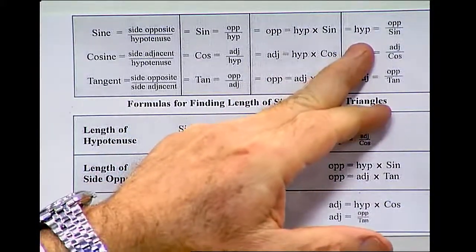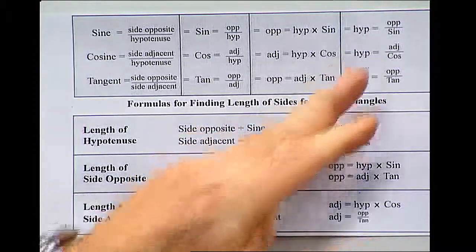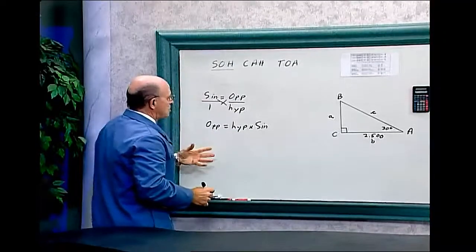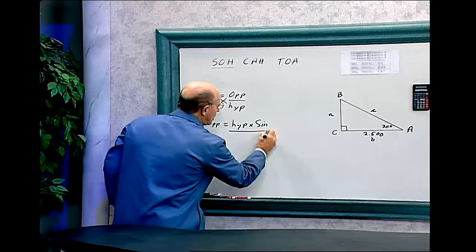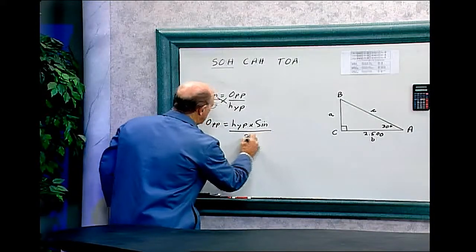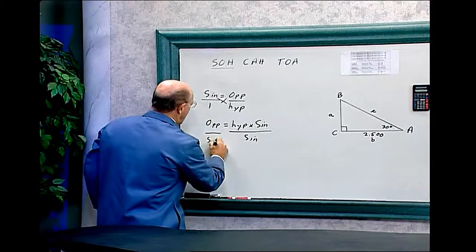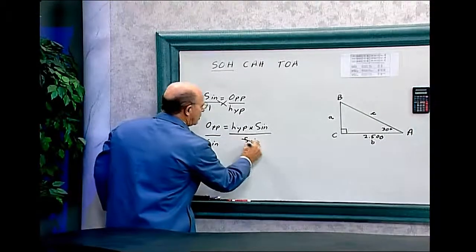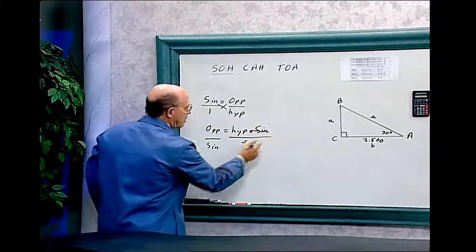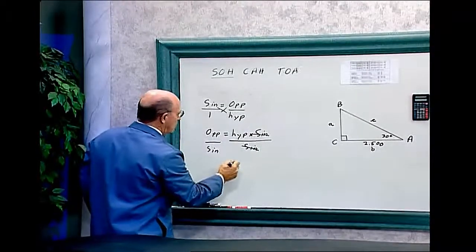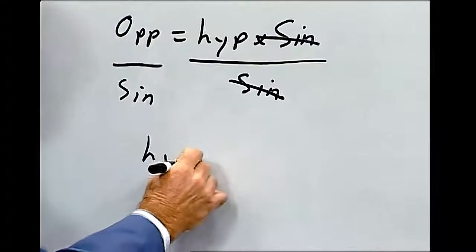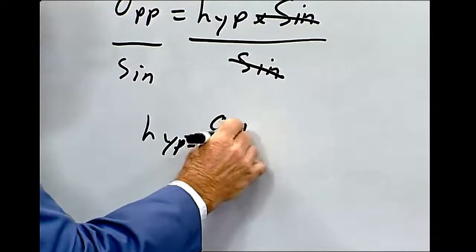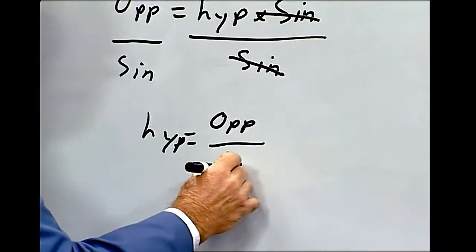Now we want to isolate the hypotenuse. Again, using algebraic skills, we divide each side by sine, and this eliminates the sine on the right side here. So hypotenuse now equals opposite divided by sine.